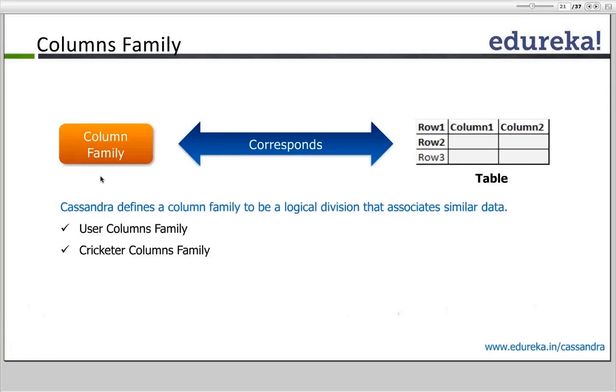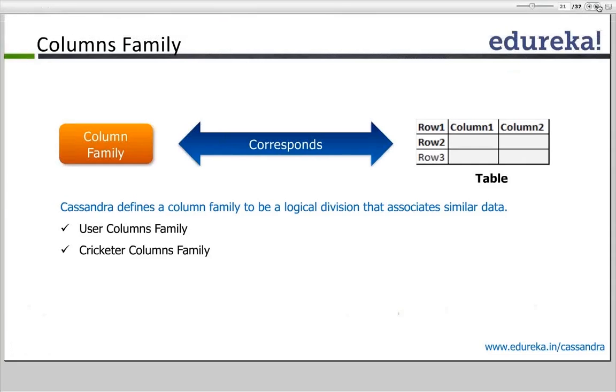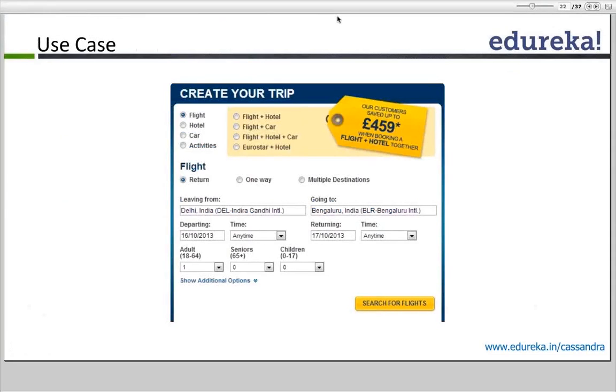So you can group those columns into a single column family. It's associating similar data. Examples are a users column family, a cricketers column family, and things like that.